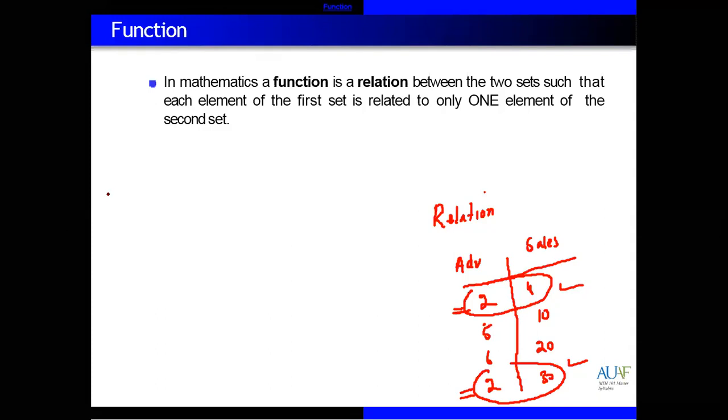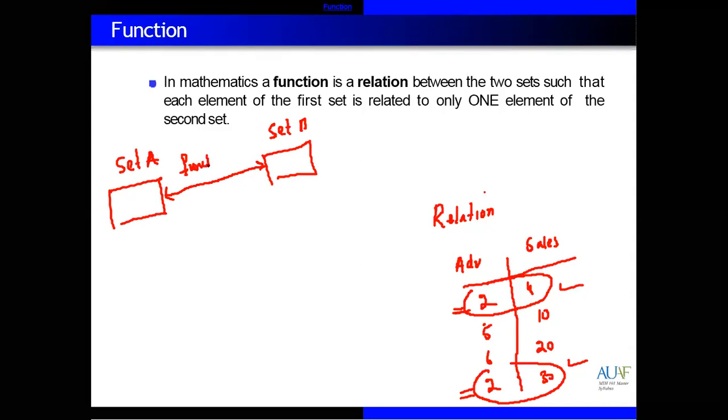Like we have set number one and set number two. We have set A, and B, with elements 1, 2. So something which relates these two sets is called a function. But there is a rule for the function: each element of the first set is related to only one element of the second set.